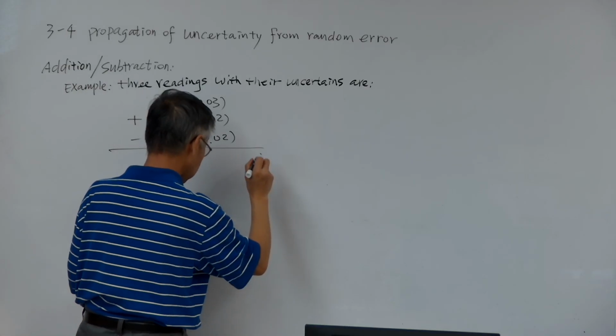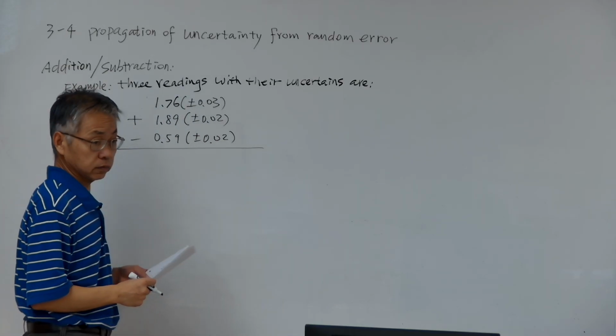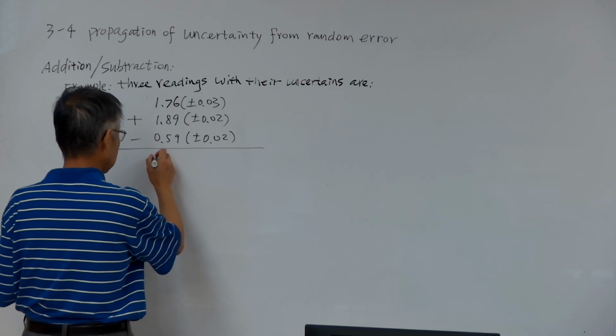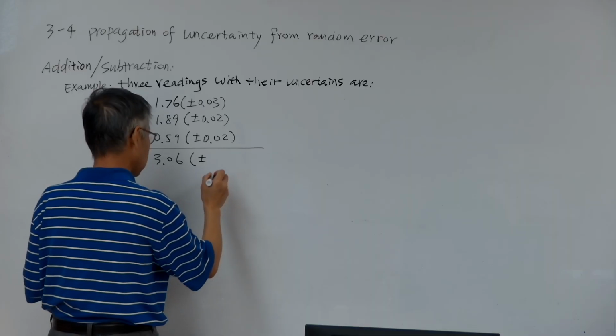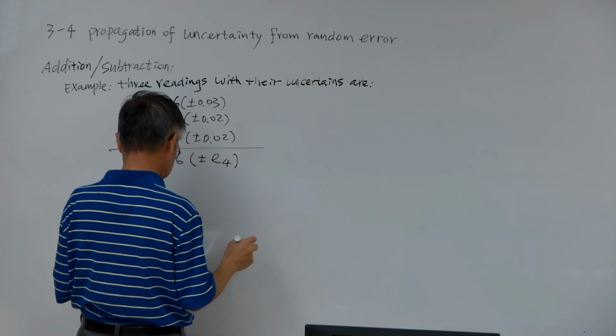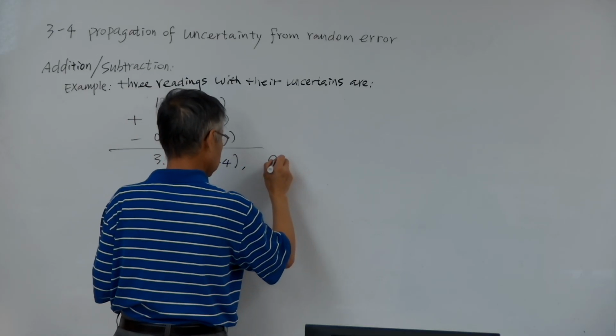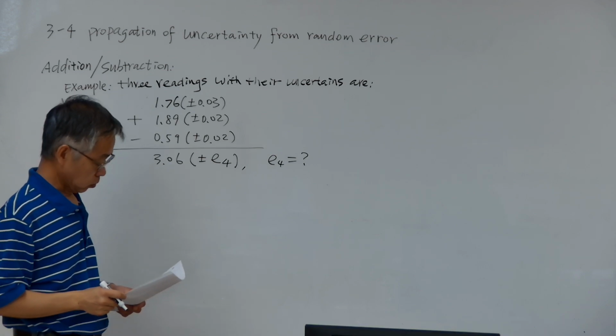Now what is the result? The result itself, you just use a calculator, very easy: 3.06. The question is the uncertainty, error 4, so we need to figure out E4.